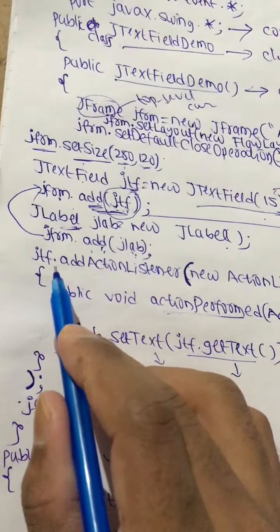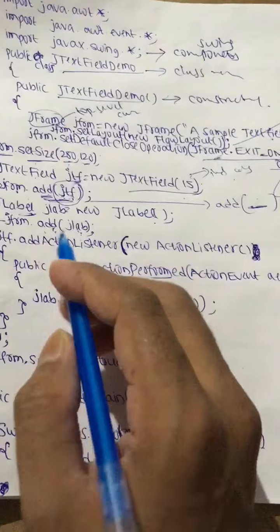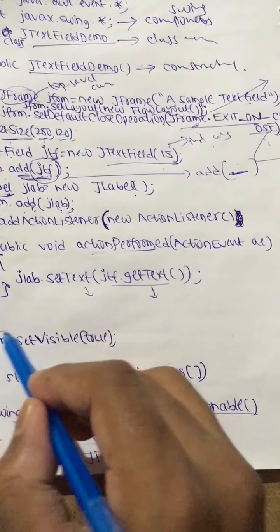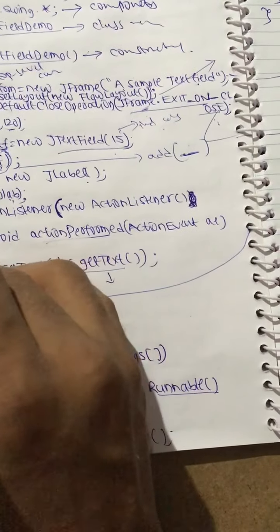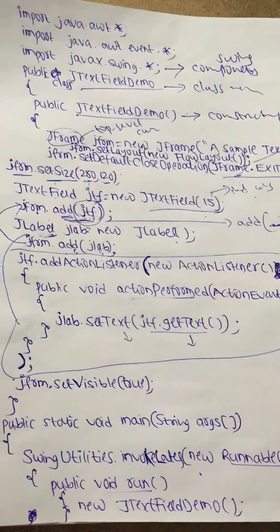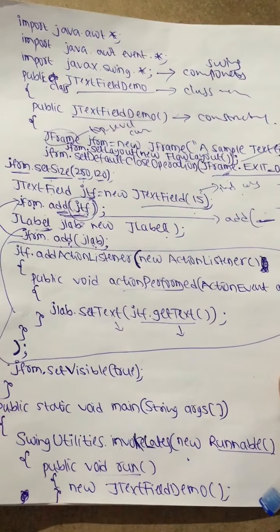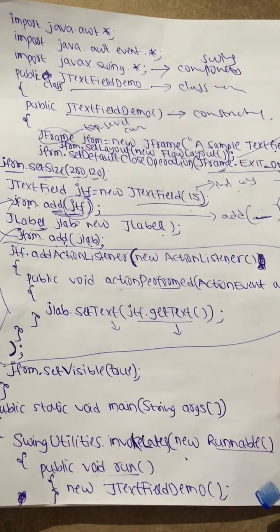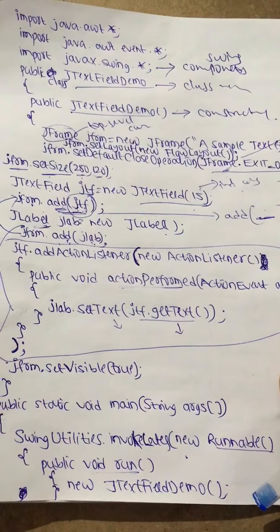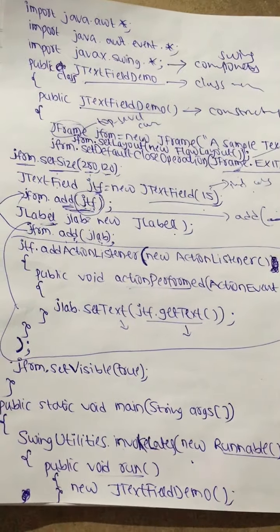Then jtf.addActionListener(new ActionListener). So what are these lines? Look here. When you press the enter button, you are pressing a key, which means you are raising one event.